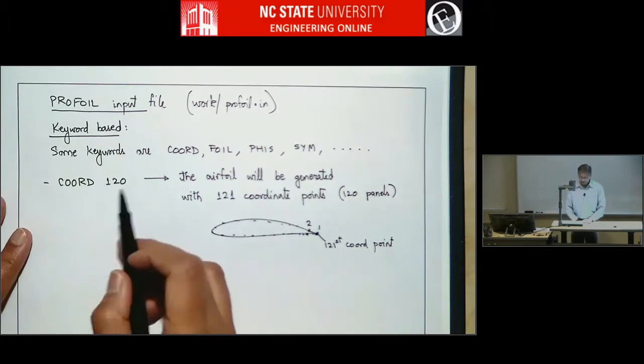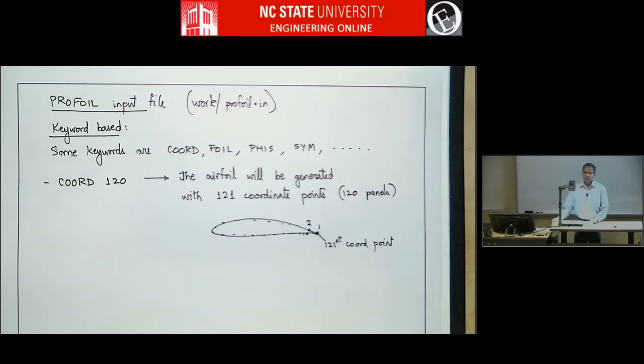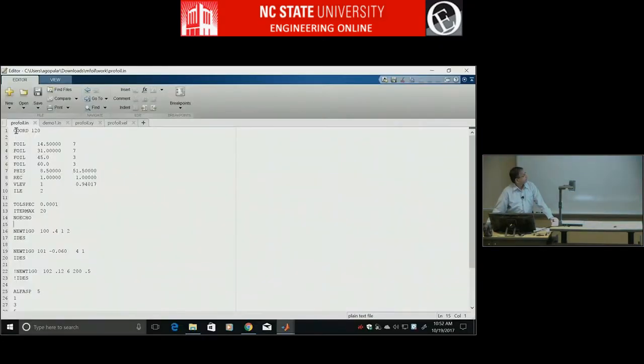You can change this number, but 120 works well, so almost all throughout this code you can leave it alone. It's just there to tell you what it is. That's what I'm writing it here for. If I go to the PC and look at profile.in, that's the very first line, coord 120.